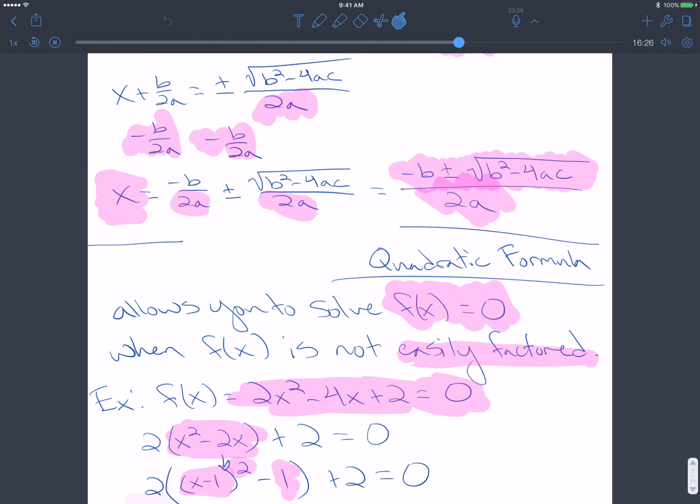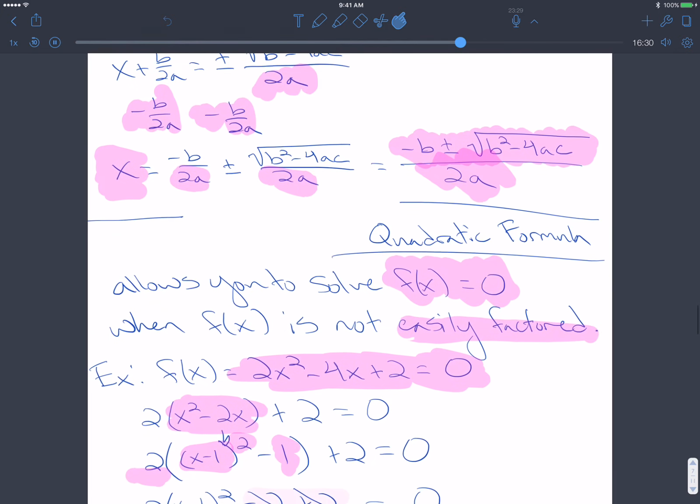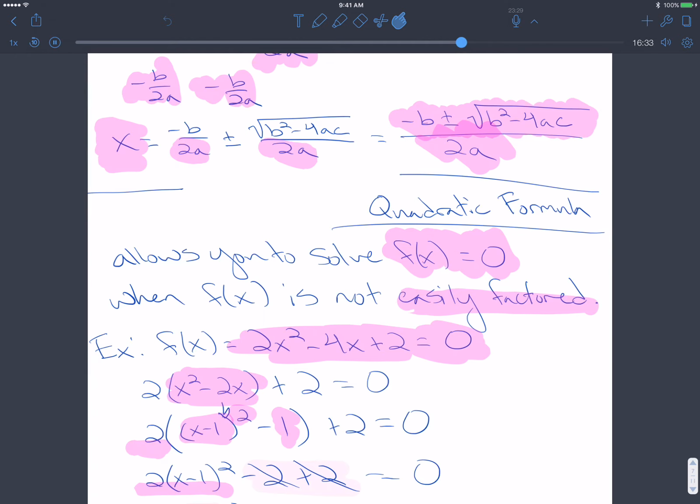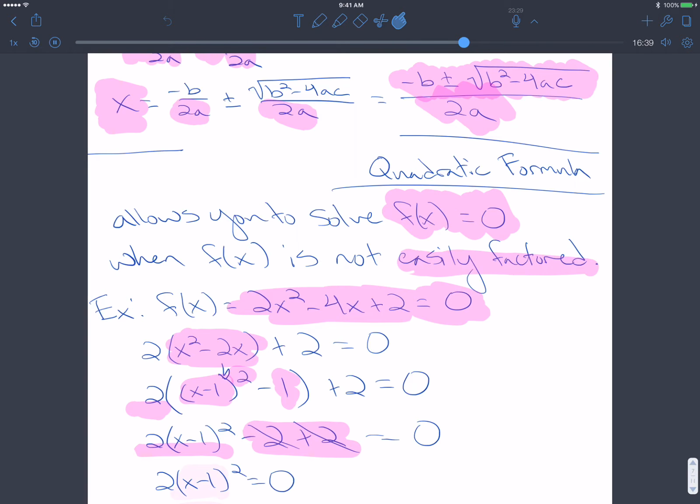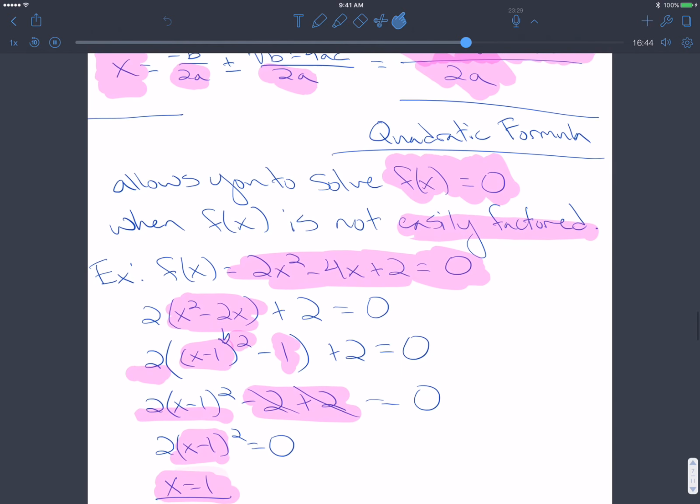Plus the 2 outside equal to 0. Now if I distribute the 2, I have 2 times x minus 1 squared minus 2 plus 2 equals 0, so these guys cancel each other. And I'm left with 2 times x minus 1 squared is equal to 0. Clearly, if x minus 1 is 0, this whole thing is 0, so x is equal to 1 is the solution.